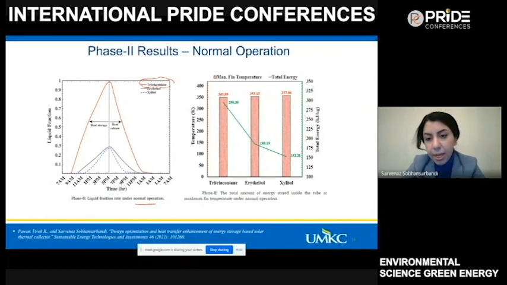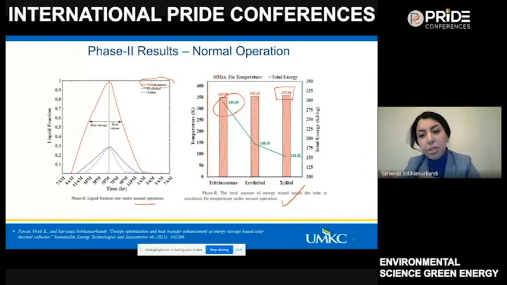However, if we look at this curve, which shows the amount of energy stored within the collector, we still see that the paraffin stores around 295.39 kilojoule per kilogram. However, the maximum fin temperature, which is the tube temperature, is higher for the xylitol, at around 357 Kelvin.